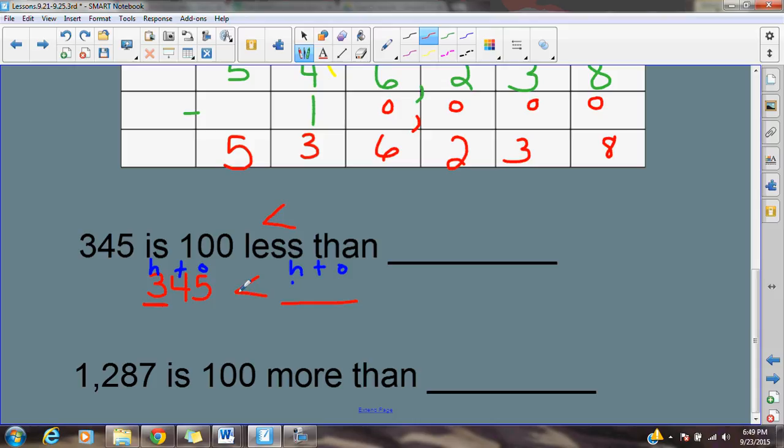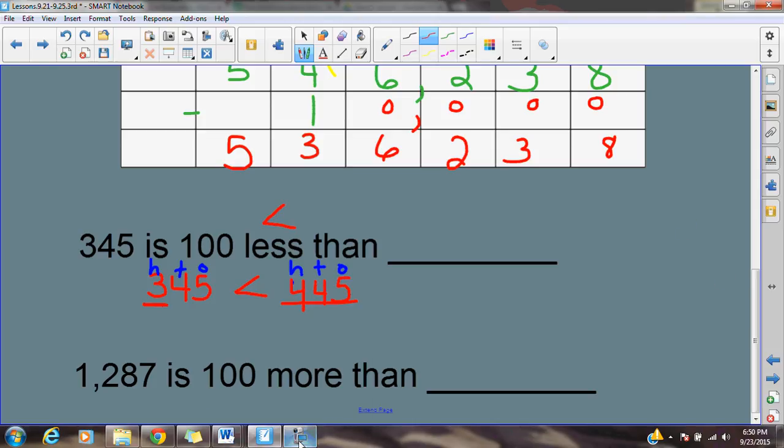So I want something larger than 345 because it says that it's less than. It can be tricky, and I know that I want this to be 100 less than whatever this is. So 300s is 100 less than 400s, and then we're going to fill it in with 45. Does this sentence make sense? 345 is less than 445? Yes, it does. I know many of you want to put 245 there, but it's not saying that.